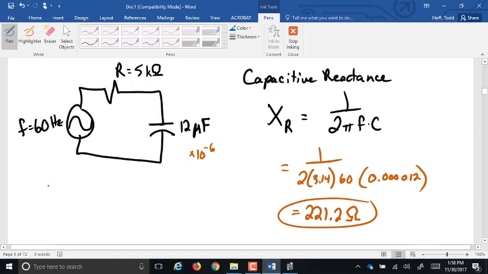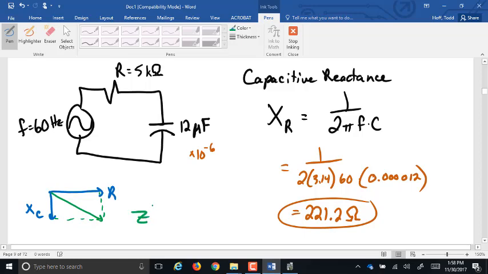Now the impedance. The resistance is still at 90 degrees. The capacitive reactance is at 270 degrees, or down. The total resistance is found like this. You're basically filling in that rectangle, the diagonal of that rectangle.